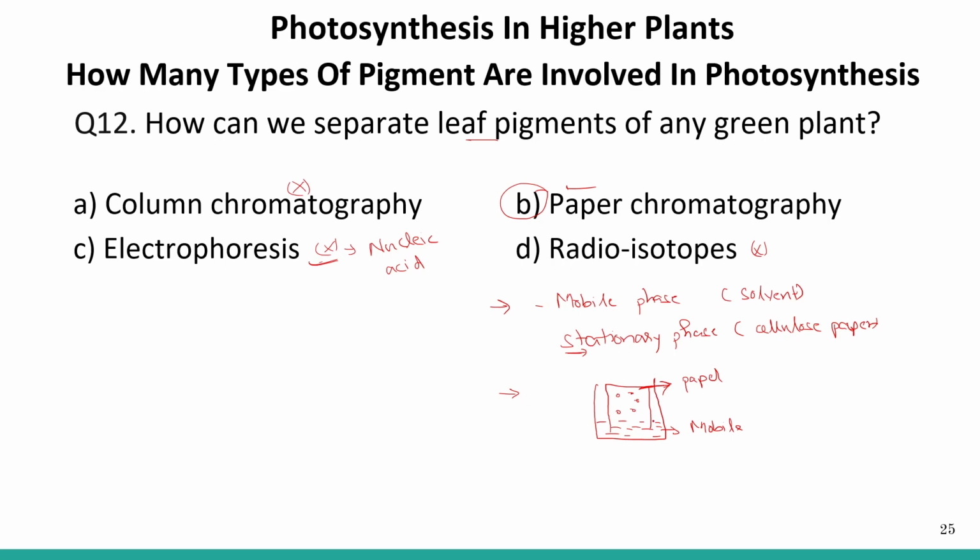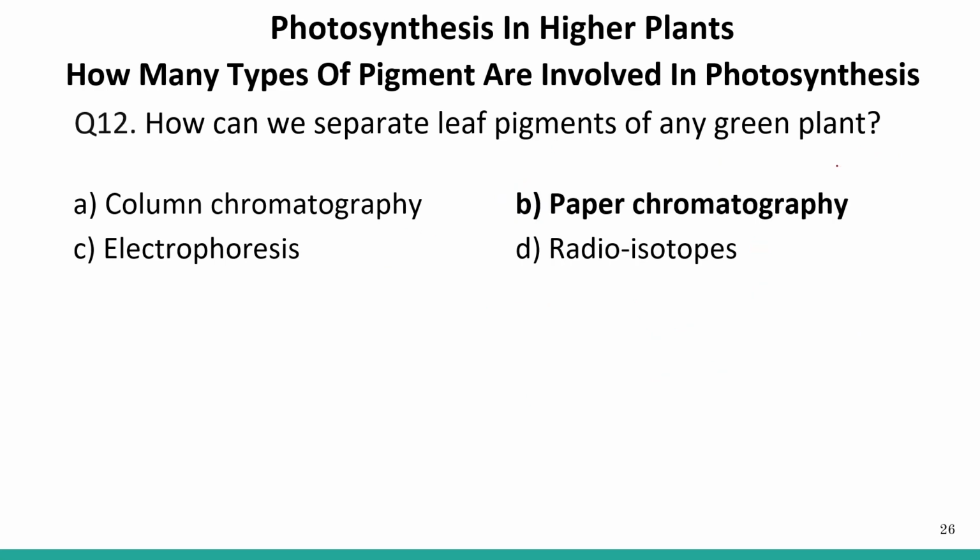The pigments will migrate, and due to the different migration rate, these spots are formed. So paper chromatography can be used for the separation of the leaf pigments. So here the migration rate of pigments determines the separation process.